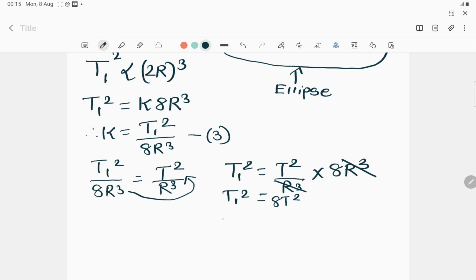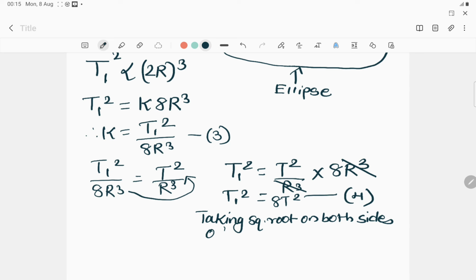So when I take the square root on both sides, I will call this equation 4.